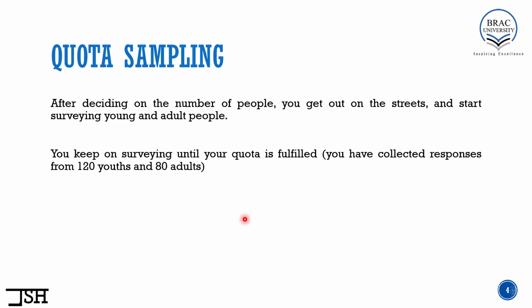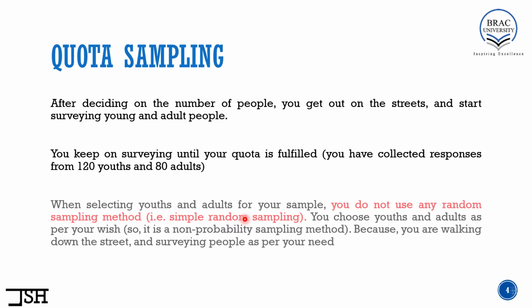So again, what happened here? Before starting to collect data, I decided the quota for each individual group. And then I started collecting surveys as per my need. However, please take note of this point. When selecting youths and adults for your sample, you do not use any random sampling method, for example, simple random sampling.